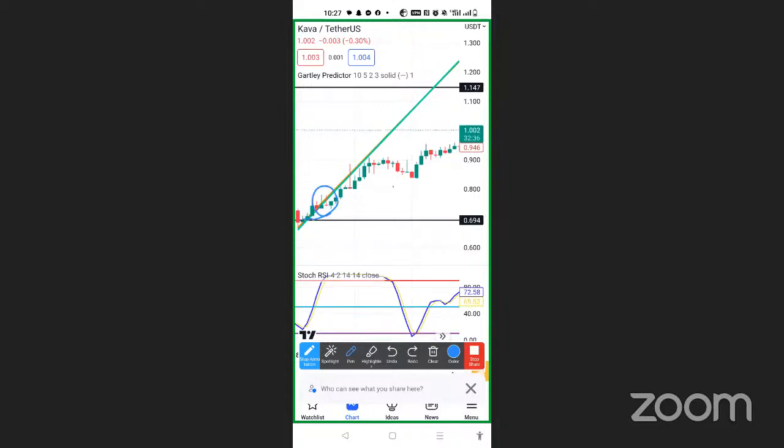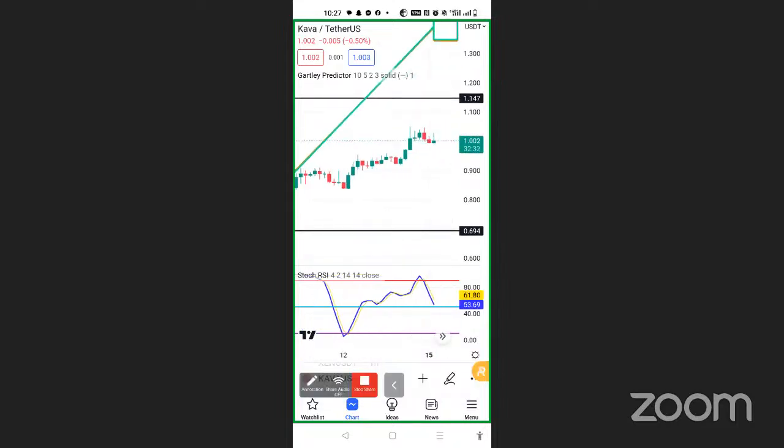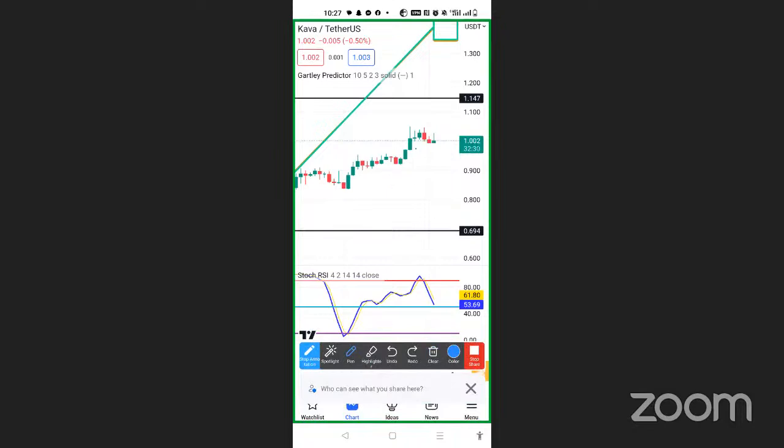Maybe got in here, got out from here. Maybe another one got in and got out along the way. Or maybe someone got in today in the morning, got out of here. I want to emphasize the point that trading is patience. If you can be patient with your trade, you'll already have a fantastic result.